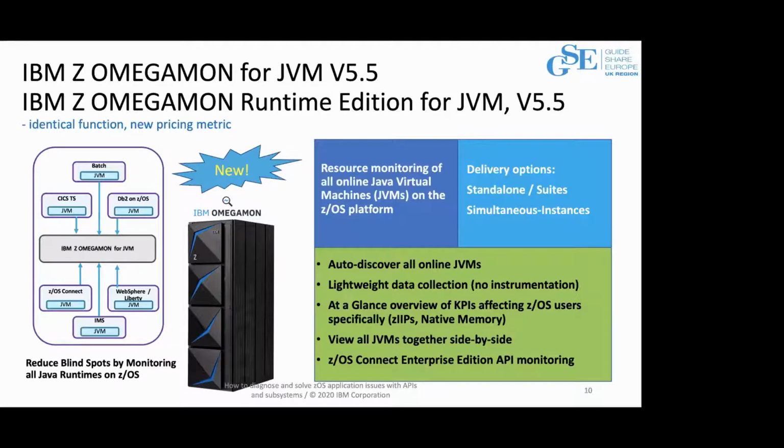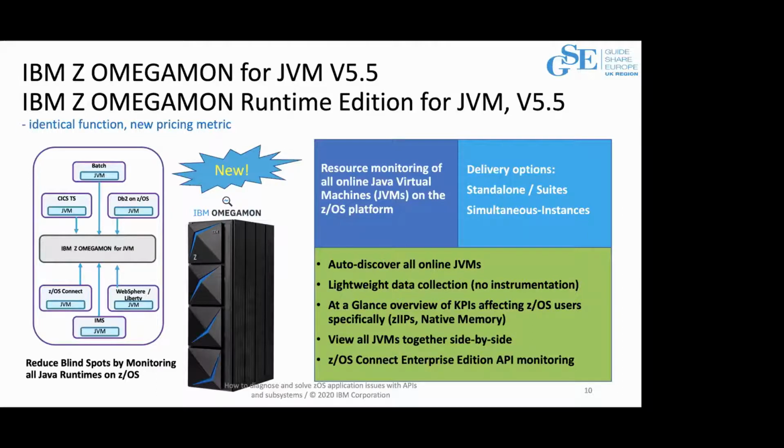So while Java monitoring is covered in many tools, IBM Z Omegamon for JVM has been developed with zOS operations teams in mind, and has key KPIs that affect zOS users specifically, such as you can see, tracking zIIP offload. That's important for Z customers, and native memory as well.